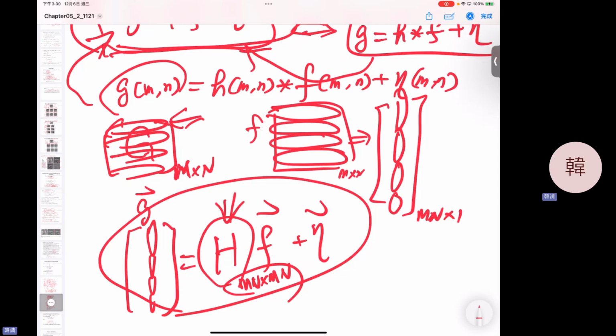Please perform a row-wise transpose, become column vectors, and stack them up together. Put them there, and the same is a block circular matrix.